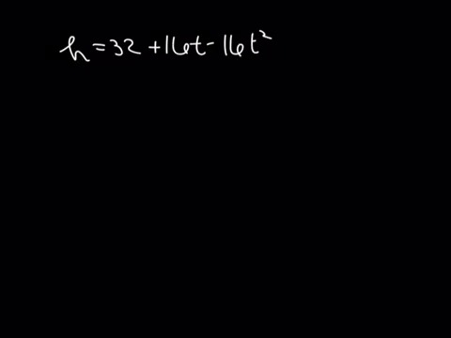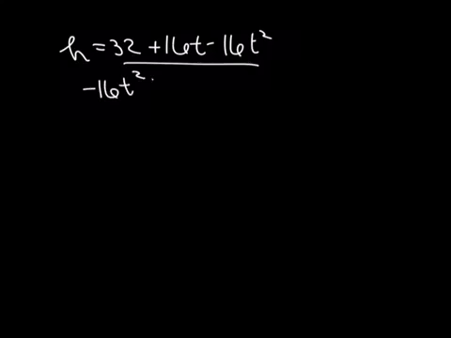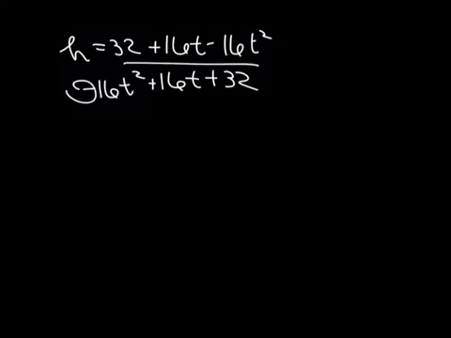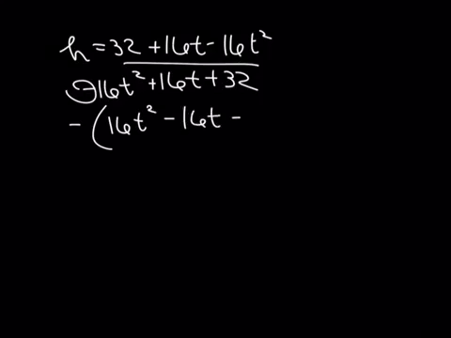Okay, so factor the right side of this equation. So first of all, we're going to rewrite it as -16t squared plus 16t plus 32. Put it in the right order. Then we're going to get rid of this negative sign by pulling it out and changing the sign of everything in the parenthesis. Then we're going to factor this.